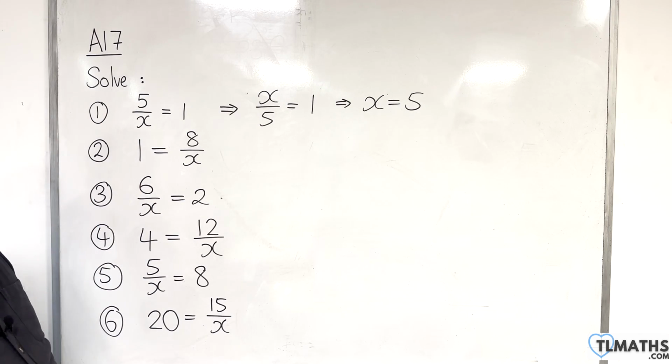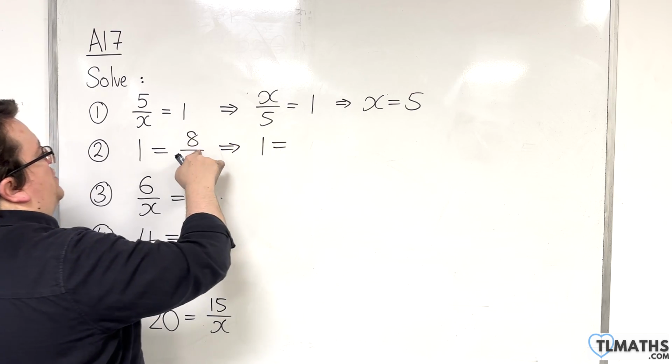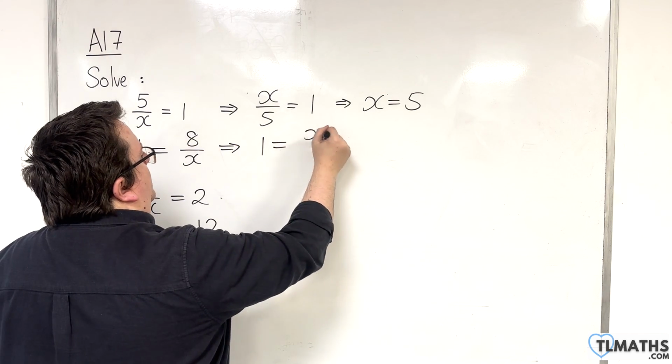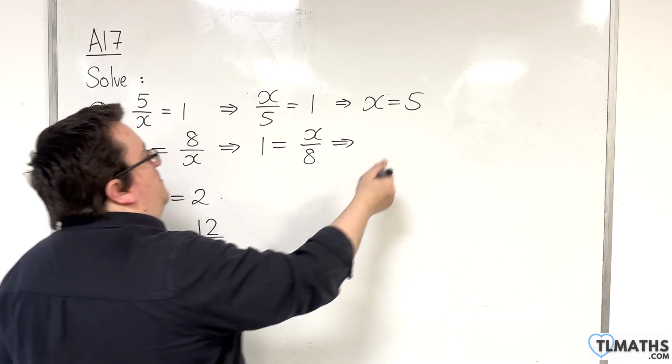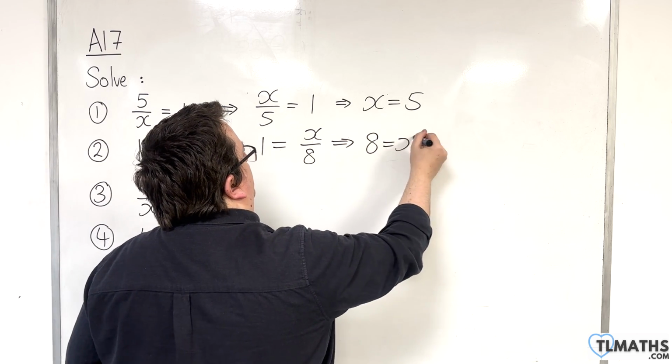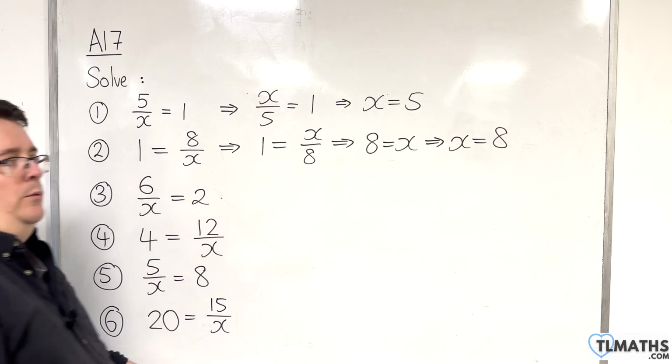What about with this one? The reciprocal of 1 is 1. The reciprocal of 8 over x is x over 8. So we're dividing by 8, so we just multiply both sides by 8, and we get x equals 8.